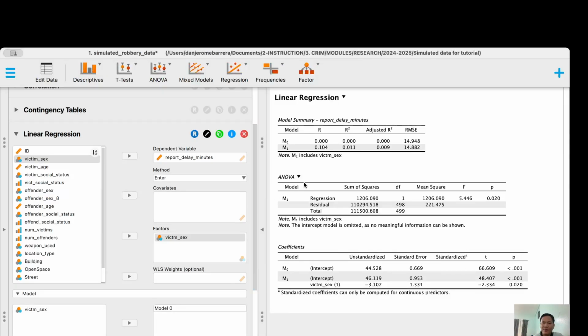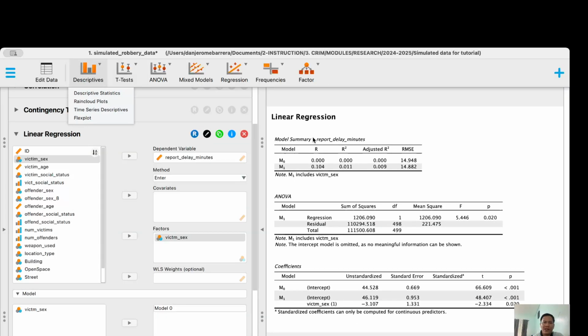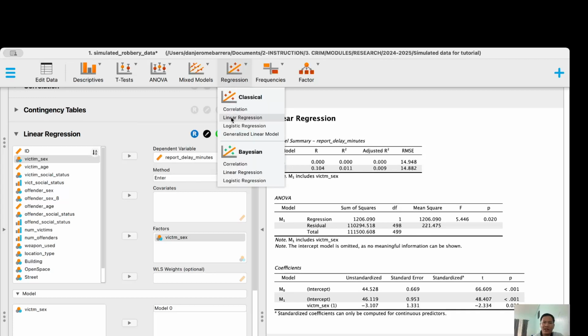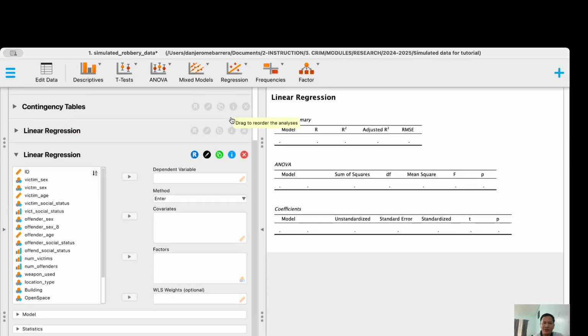So we are now back to JASP. How do we calculate the multiple linear regression? You just go to regression, then click linear regression. So you are presented with this result and with this interface.